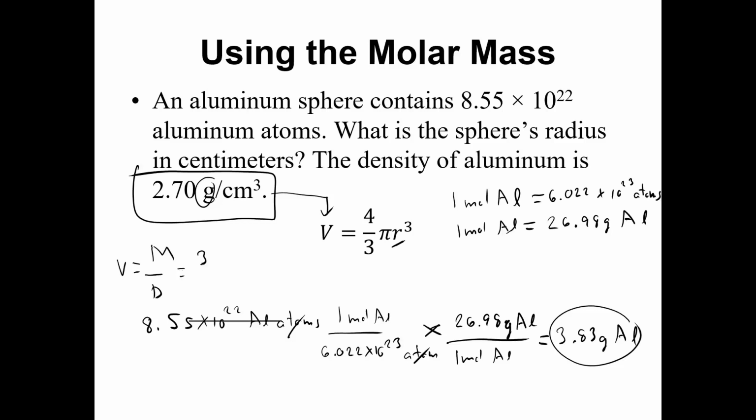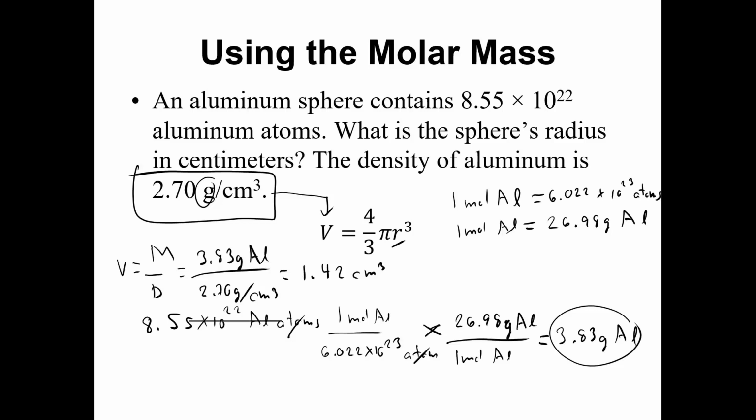So I take that 3.83 grams of aluminum and I divide it by that density, 2.70 grams per cubic centimeter, which gives me a volume of 1.42 centimeters cubed, which is a volume, right?